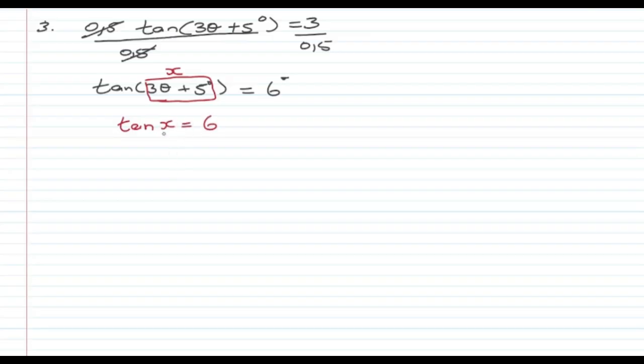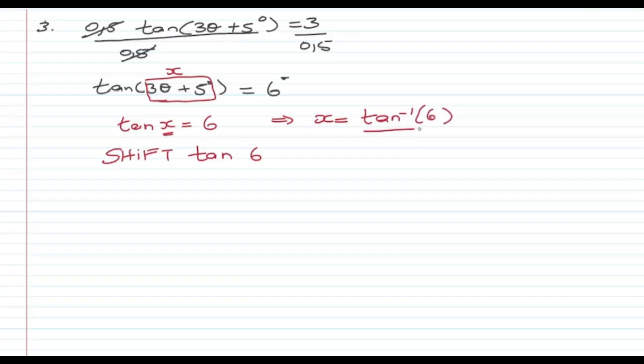Then we need to first solve for that x. How do we solve for x? On your calculator you press shift, then tan, then you put that 6. It's like saying we're trying to write this as x equals the tan inverse of 6.